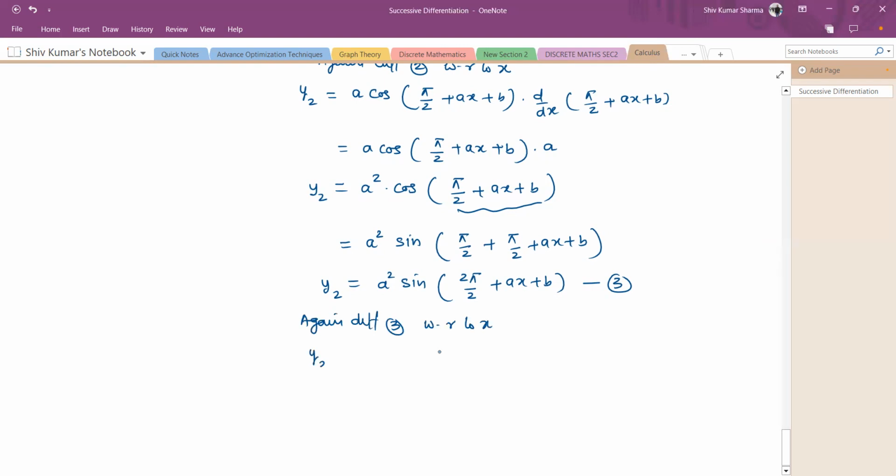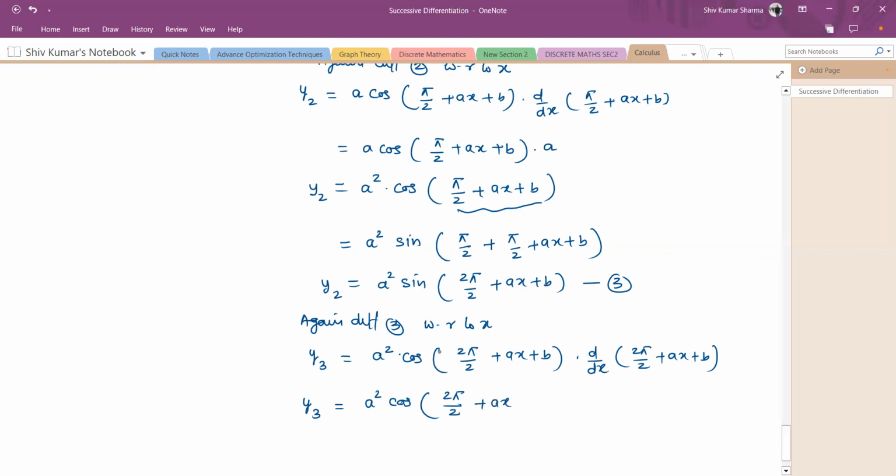We write this as y3. y3 is equal to a squared into the differentiation of sine, which is cos, so cos(2pi/2 + ax + b) into the differentiation of (2pi/2 + ax + b).